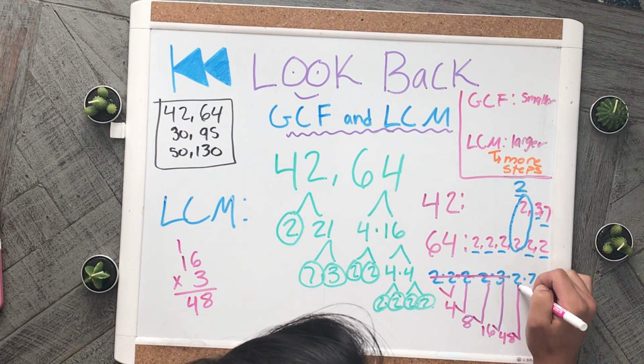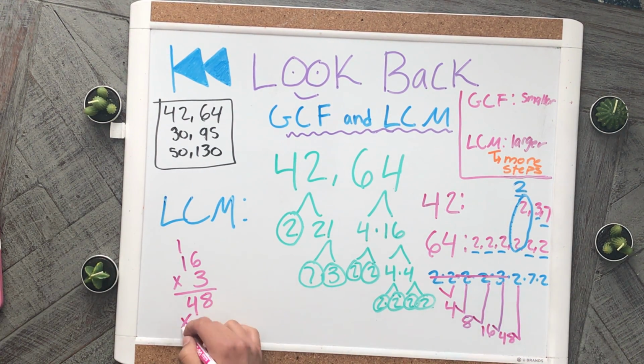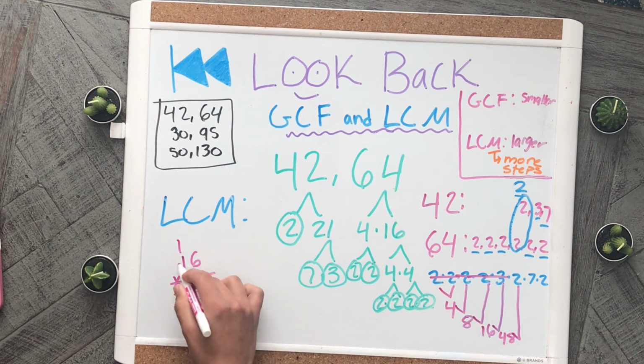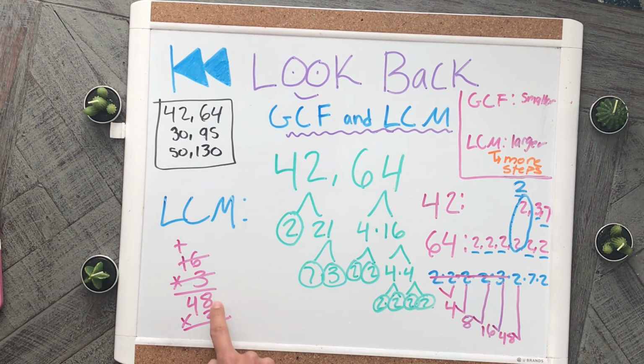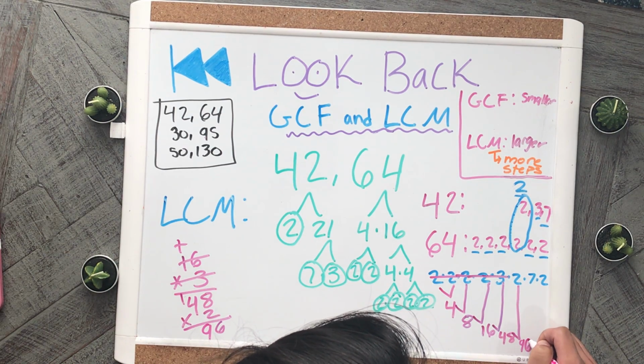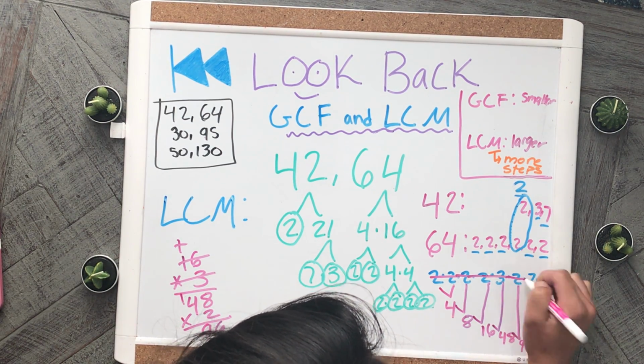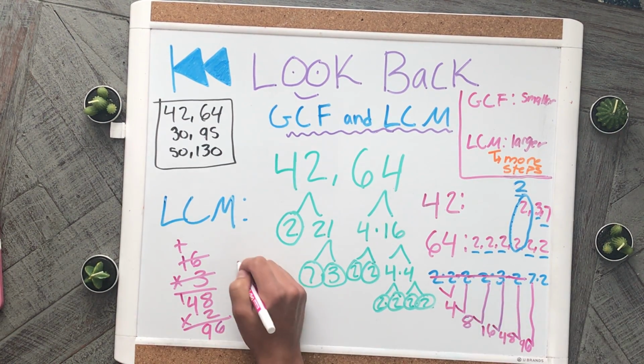Now let's see, 48 times 2. Okay, 8 times 2 is 16. Put your 6, carry your 1. 2 times 4 is 8, plus 1, that's 9. So we have 96. Okay. Now let's see, 96 times 7.